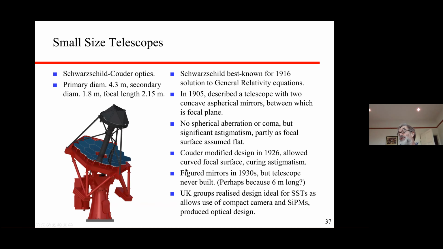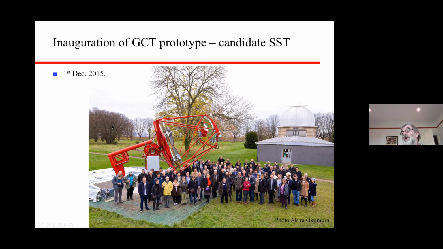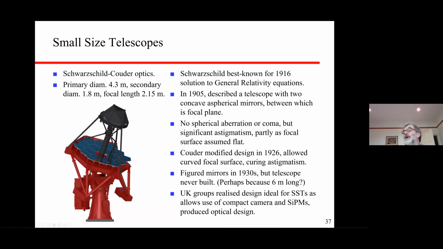Now, we realized about a decade ago that this would allow us, at least for small-sized telescopes, to build a cheaper, more cost-effective system than the design we've looked at before. That's because this camera can be made much more compact than the kind of 2-meter scale things we've been looking at for the large and medium sized telescopes.